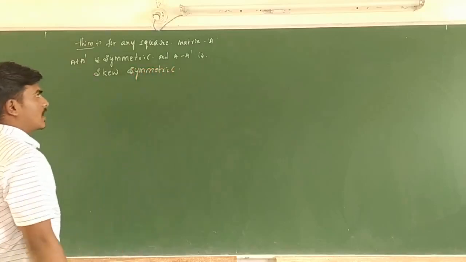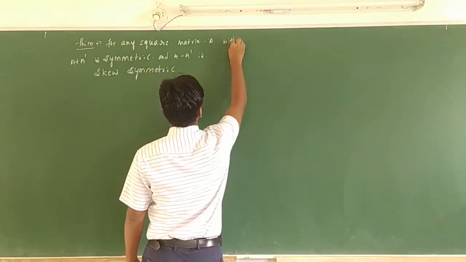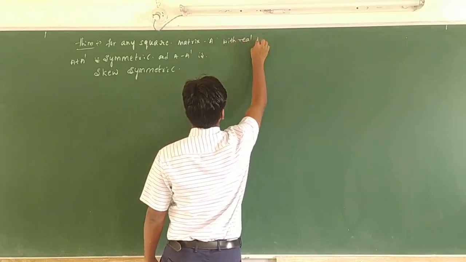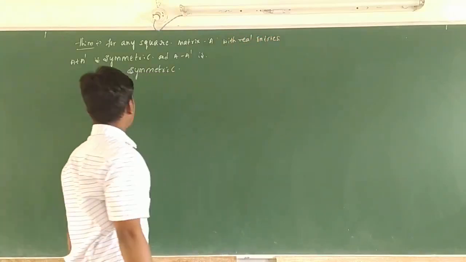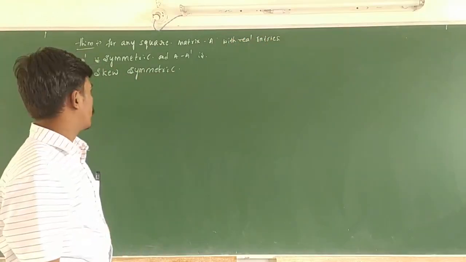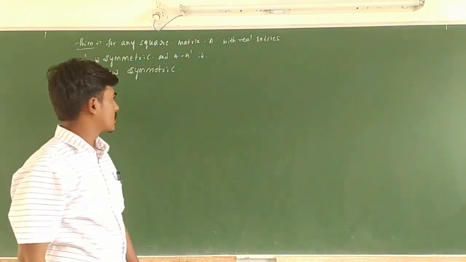For any square matrix with real entries, we have to prove that A plus A transpose is symmetric and A minus A transpose is skew symmetric.